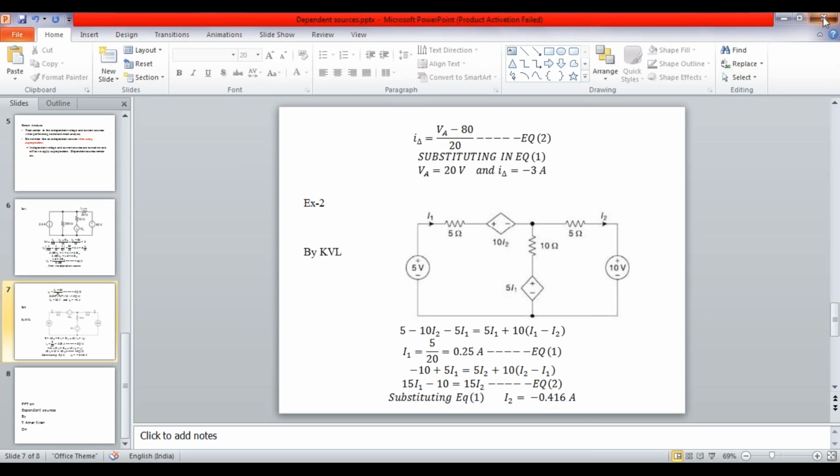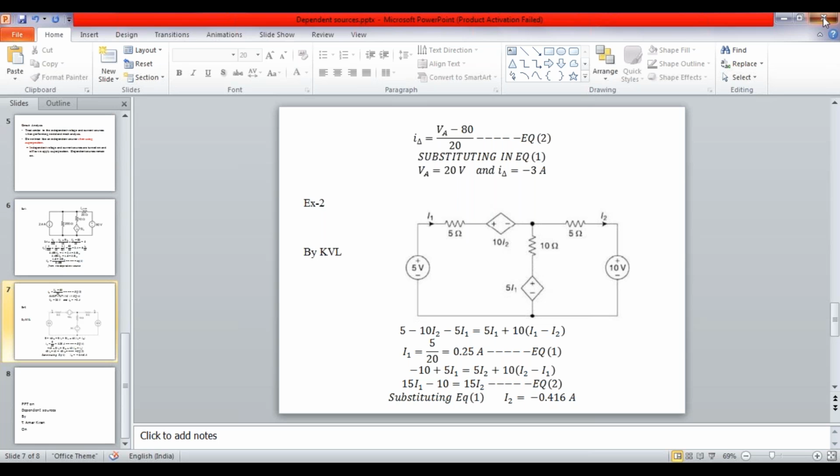Now, while writing the KVL equation for the first loop, I'm writing the equation for the passive elements first.